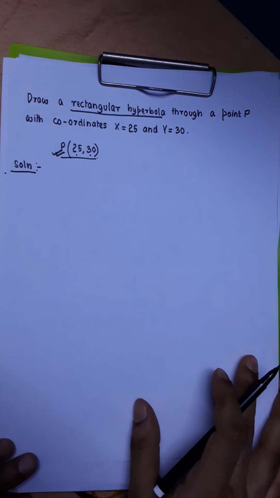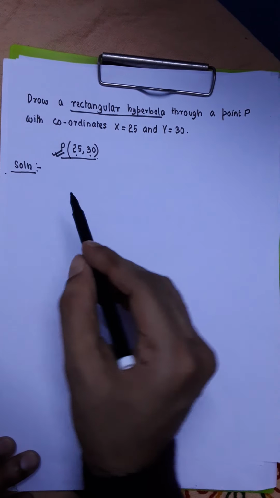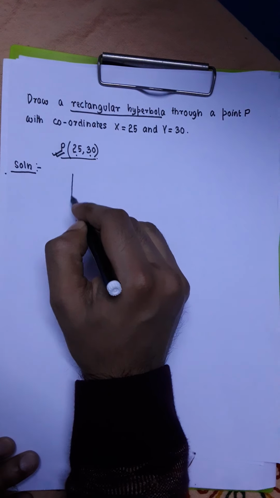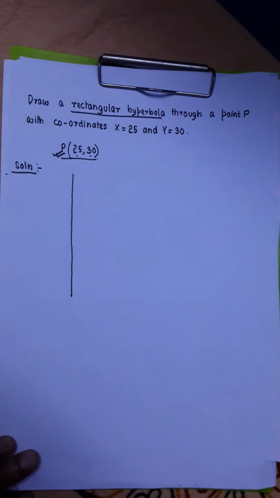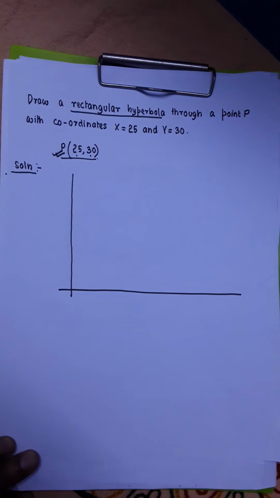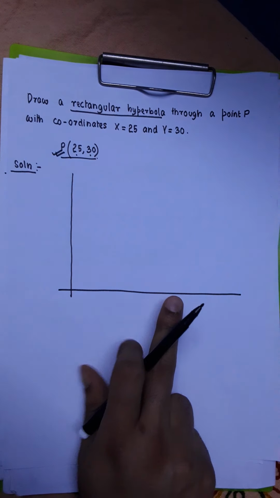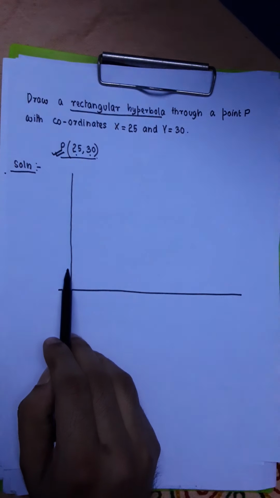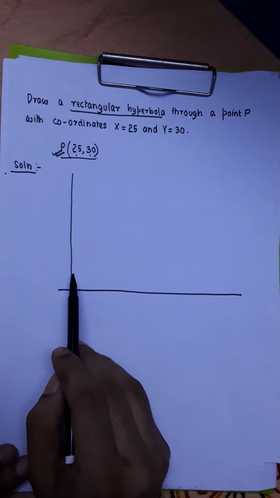So first thing that you have to do is you have to construct the xy plane on which this point lies. In order to construct the xy plane, draw a vertical line and a horizontal line. Now this horizontal line we will use as the x-axis and this vertical line we are going to use as the y-axis of a rectangular Cartesian coordinate system.